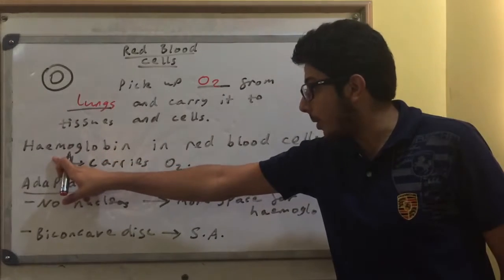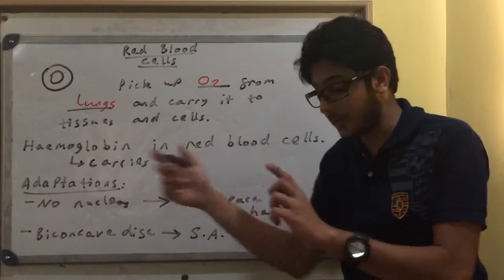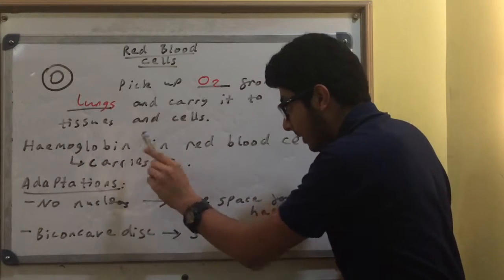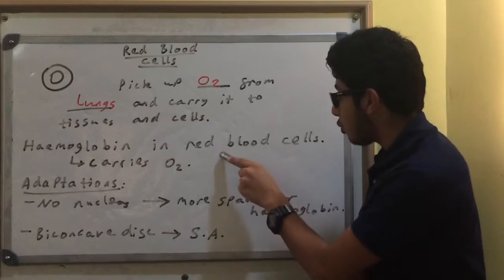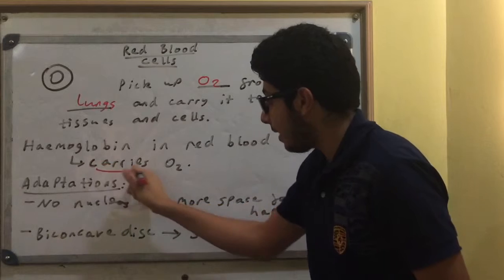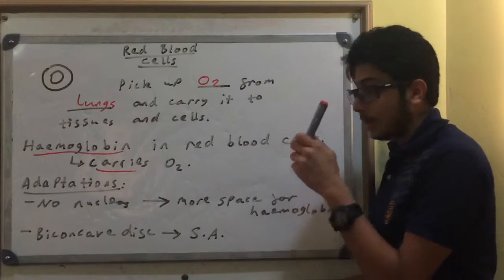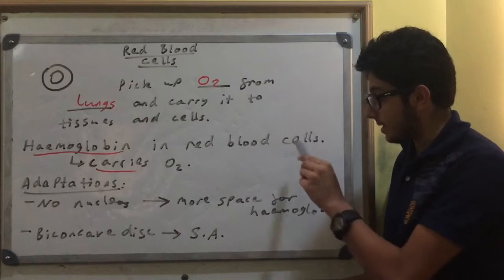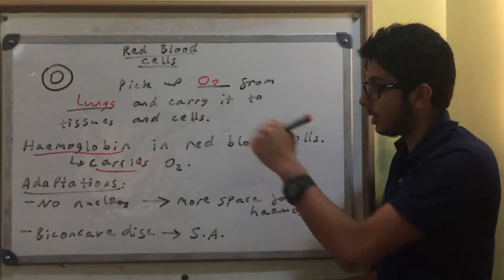Now hemoglobin, this name is going to put you off, but just focus. Hemoglobin is a red pigment. It is a molecule in your red blood cells which carries oxygen. And you need to know this. I'm going to talk about the process of this later, but first of all, let me talk about the adaptations of the red blood cell.